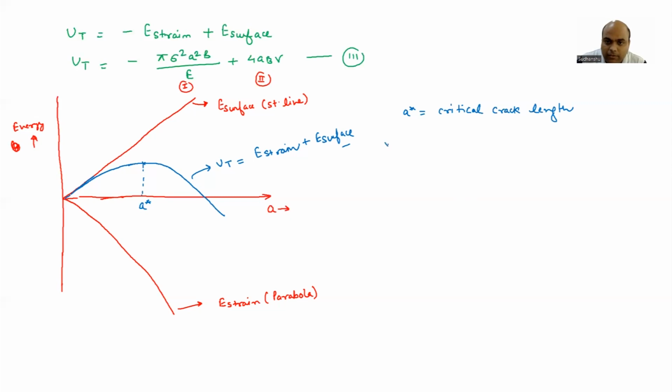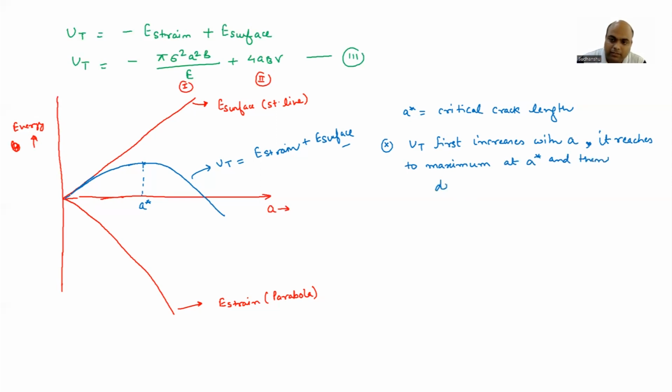Okay, so here what is the observation? Observation is UT first increases with A. Okay, it reaches a maximum at A star and then decreases.